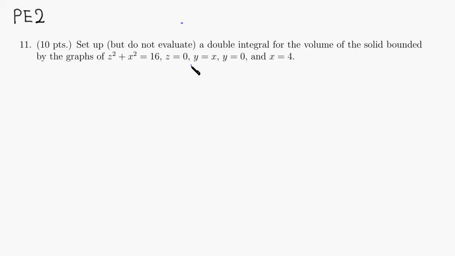Right? And then the region is bounded by y equals x, y equals 0, which is the x-axis, and x equals 4. So let's draw the two-dimensional region on the xy plane. Alright, so the region looks like this.